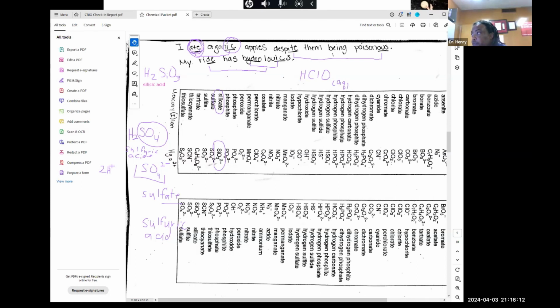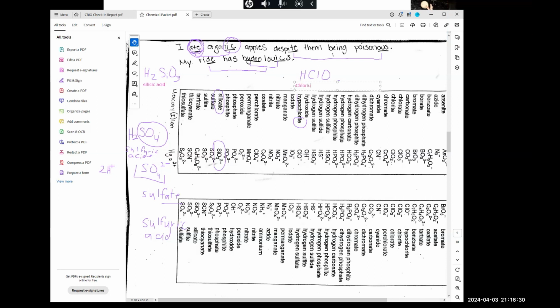We're going to keep the first part, and it ends with ITE. So what does it say up here? OUS. So we're going to call this hypochlorous acid.